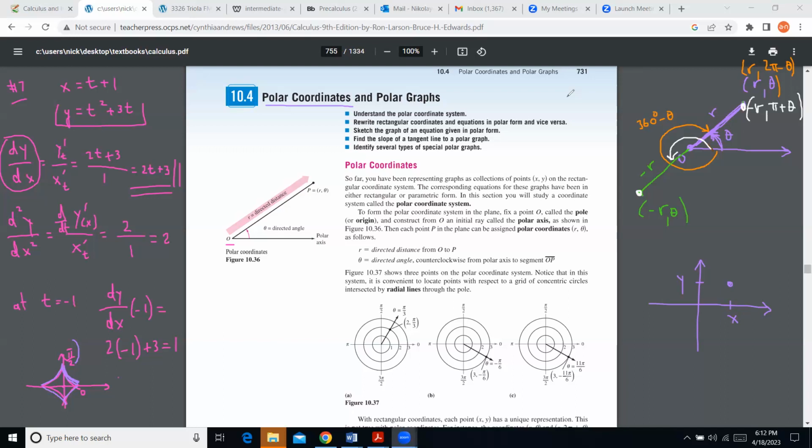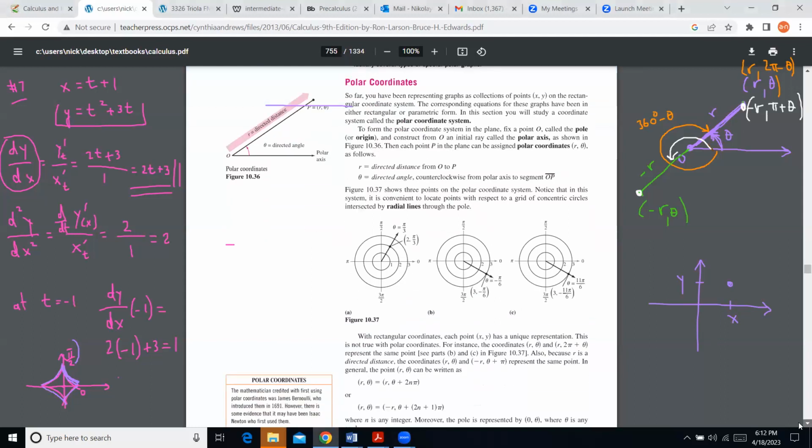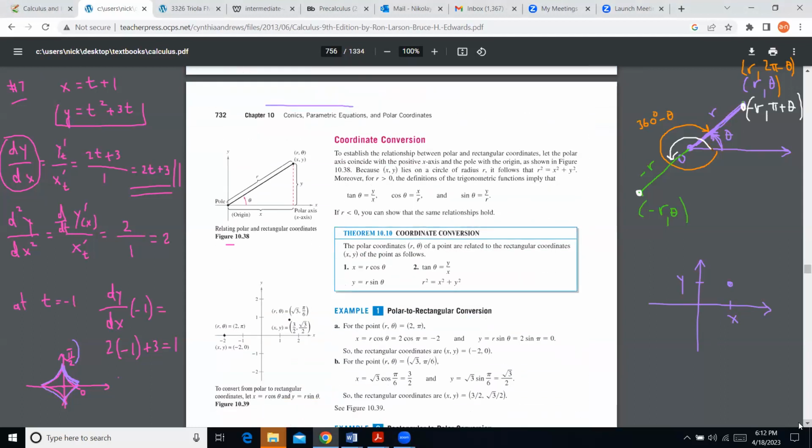But they're very convenient when you have graphs in a circular-like format. And of course, the main question is how to convert these coordinates to our favorite x and y coordinates, and those x and y coordinates are given as r sine and r cosine.